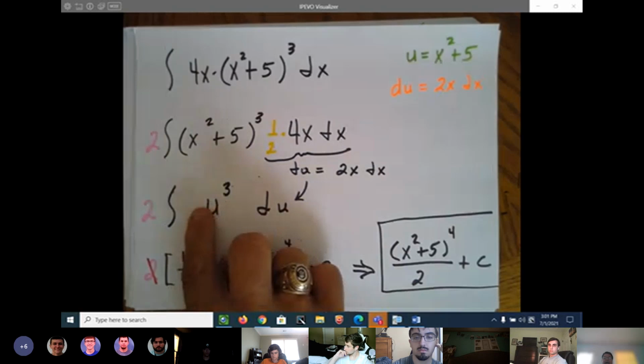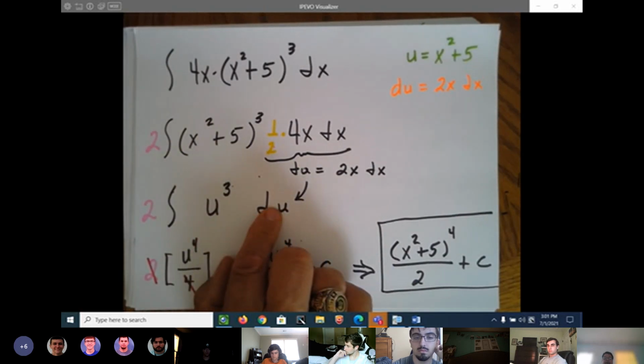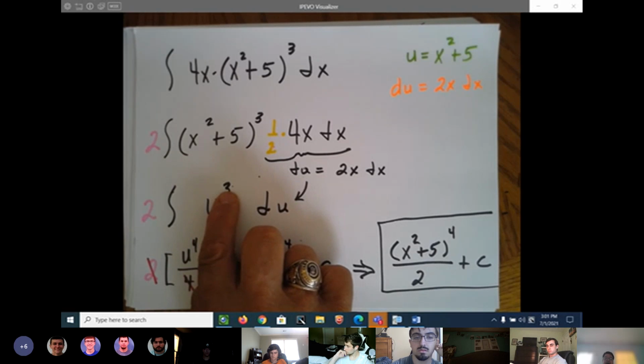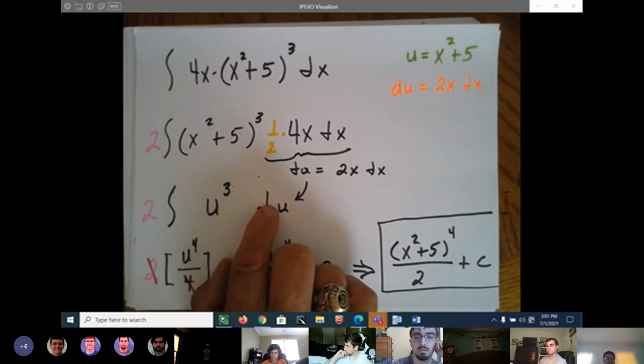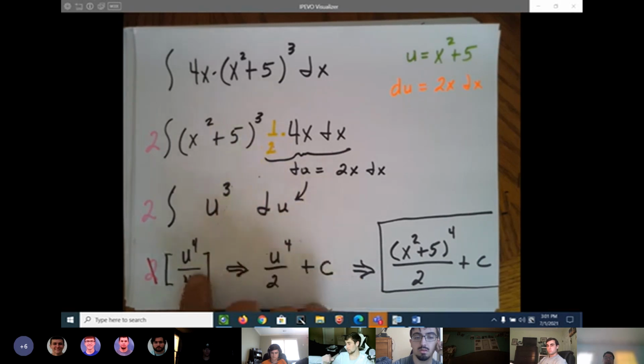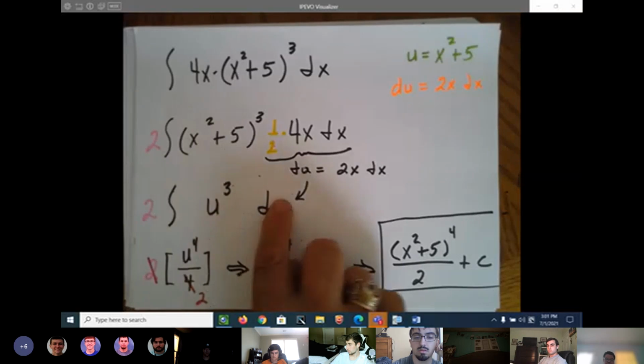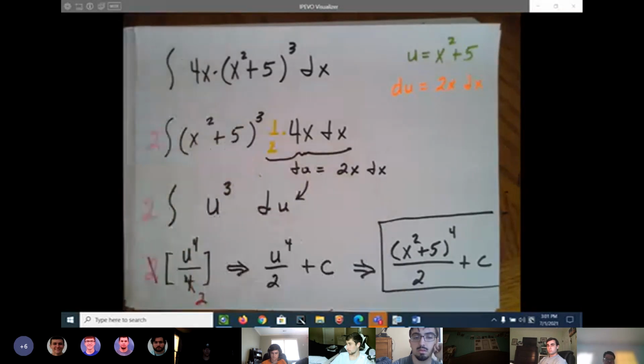So when you have u to the third times du, when you have a function raised to the third power and the derivative is right here, then you can use the power rule. This right here says use the power rule. That's what that says.